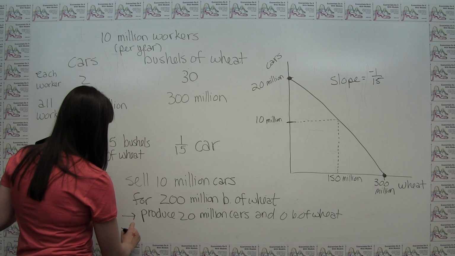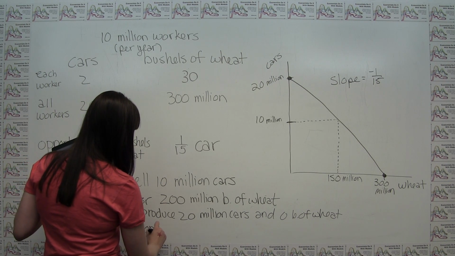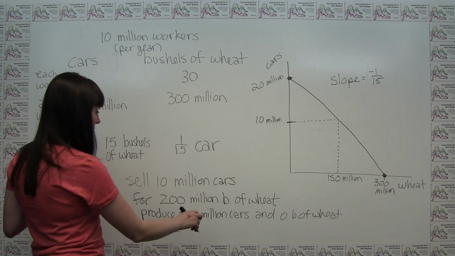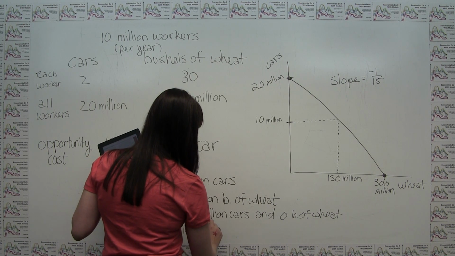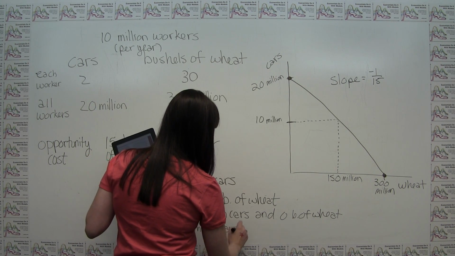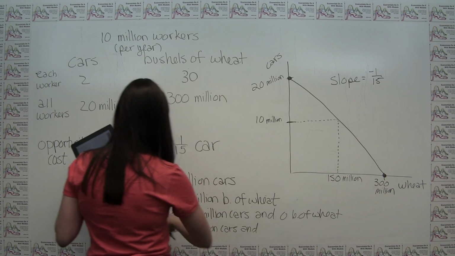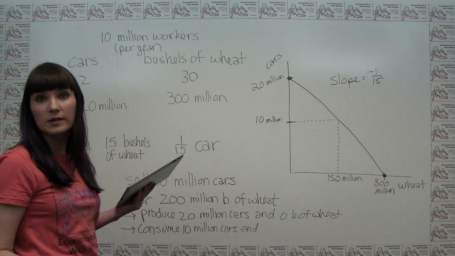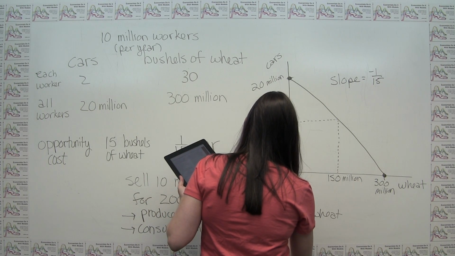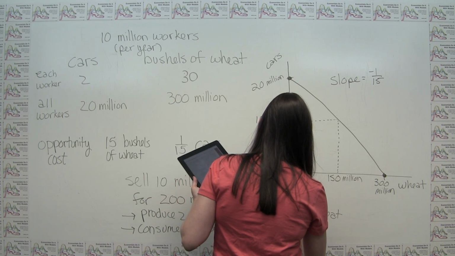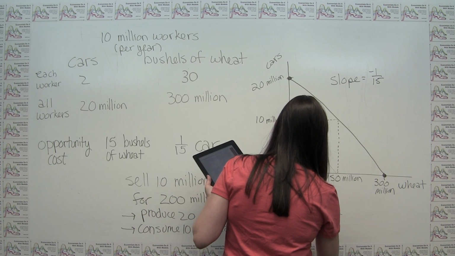But then it can consume, after it sells the 10 million cars, the other 10 million cars and the 200 million bushels of wheat that it gets in the trade.